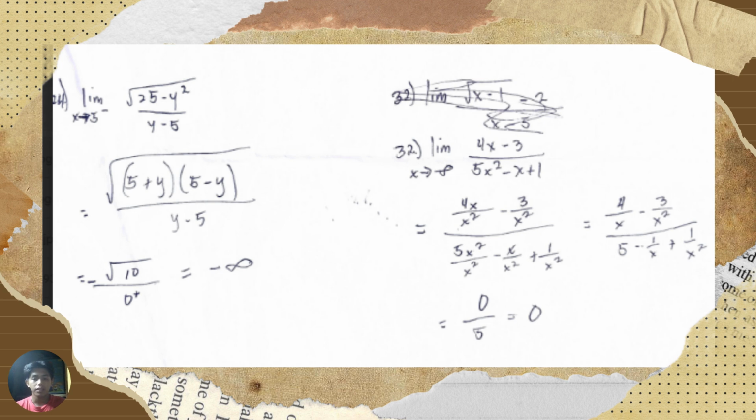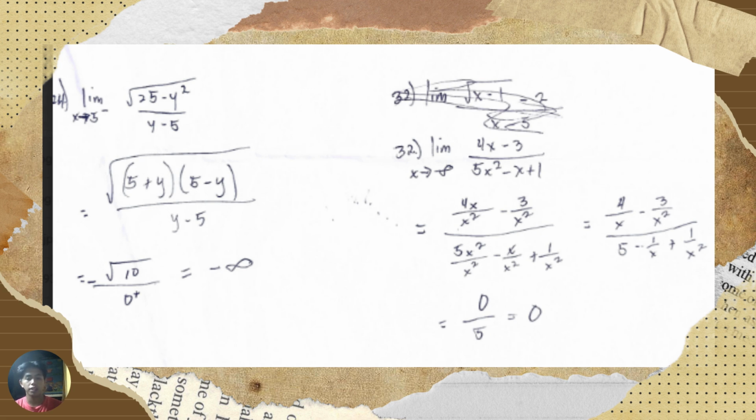And then as you can see, it equals 4 over x minus 3 over x squared over 5 minus 1 over x plus 1 over x squared. So if there's any x in the equation, you are going to substitute it with 0 since x approaches negative infinity.